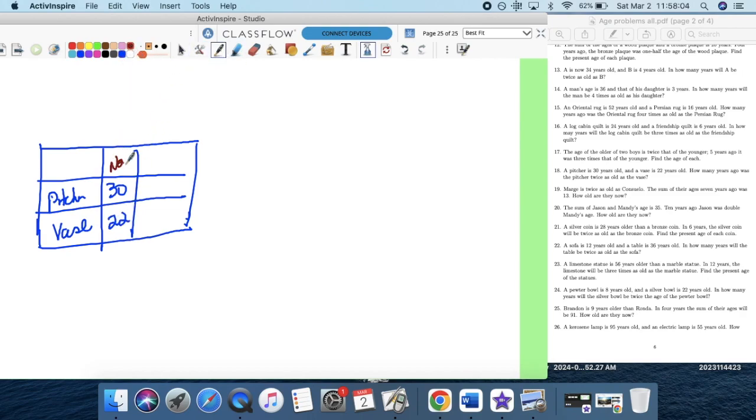These are ages now. So sometime years ago, the pitcher was twice as old as the vase. So 30 minus t, 22 minus t because it's in the past. All right, so when was the pitcher, 30 minus t, twice as old as the vase, 22 minus t?